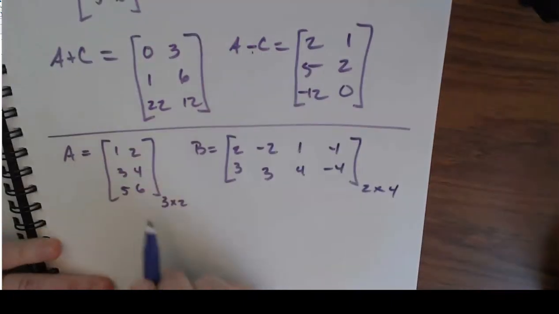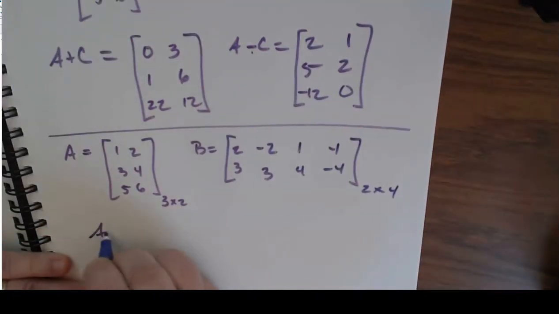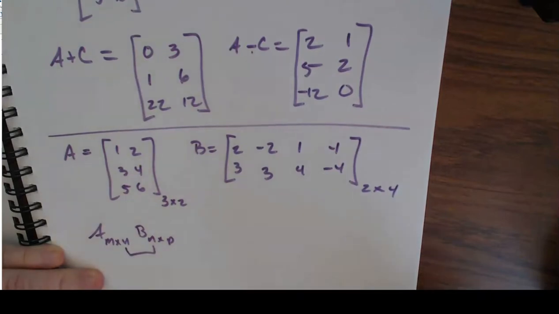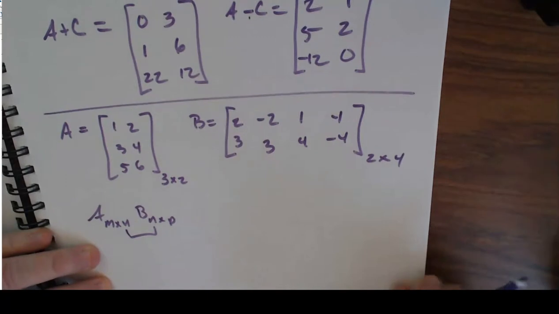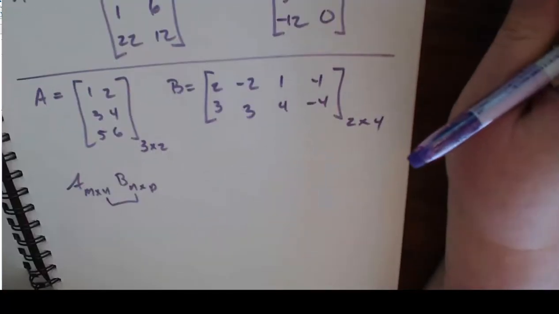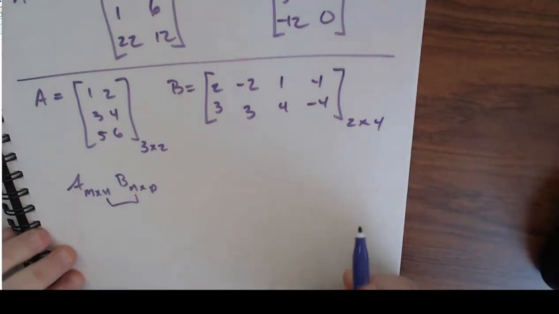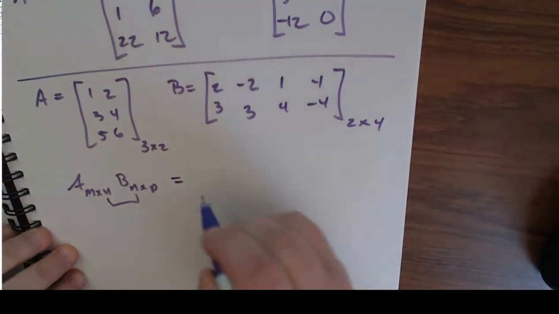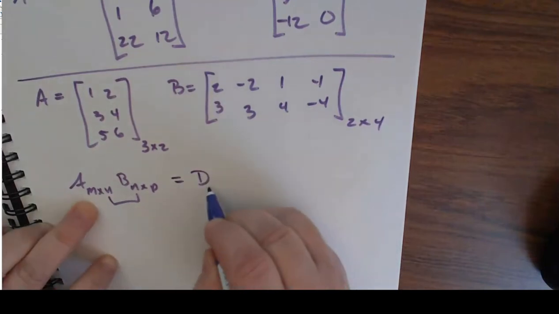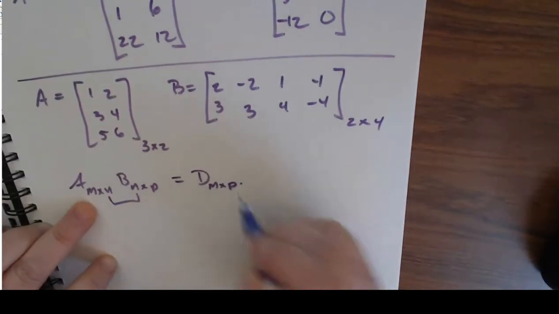To multiply two matrices, say A is M by N and B is N by P, these middle numbers must be the same for this multiplication to be defined. And the result, which I'll call D, will be M by P.